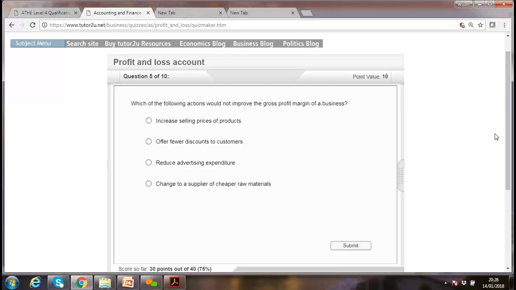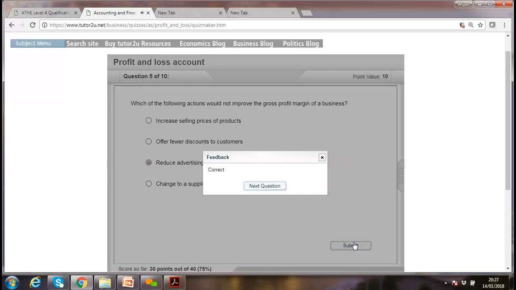One of them will not improve it, which is an overhead expense. Which one is our overhead expense? We just said. A, B, C, D. You want me to try C? Yes. Okay. It's correct. Yes.